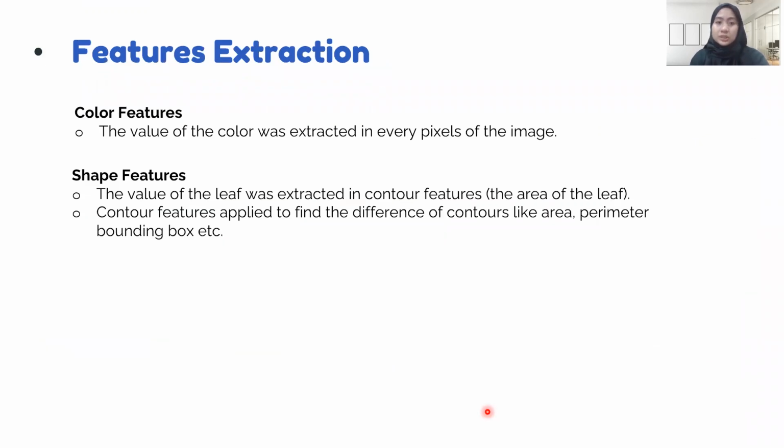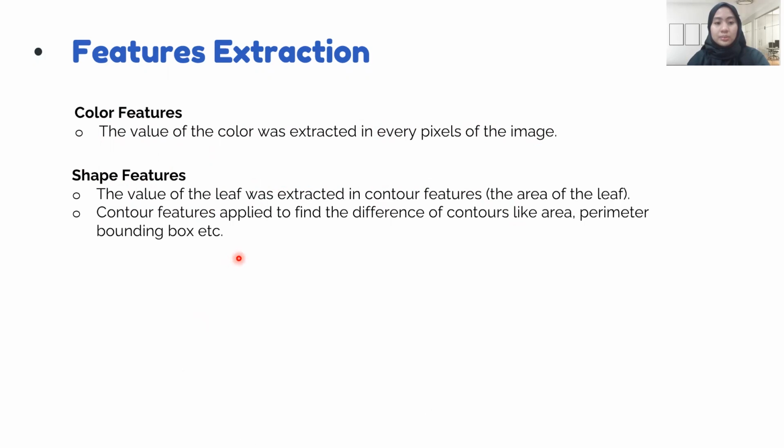Okay, next is feature extraction. So we extract 2 features, which are color and shape features. Basically for the color, the value of the color was extracted in every pixel of the image. For the shape features, the value of the leaf was extracted using contour features, the area of the leaf.